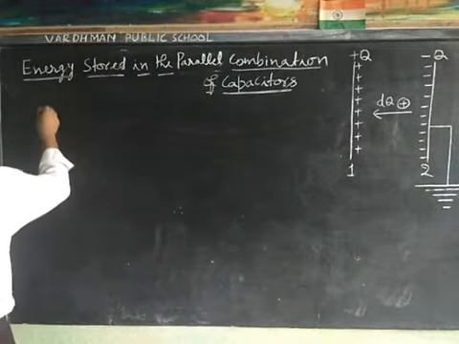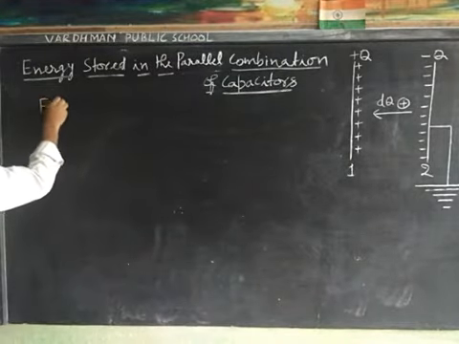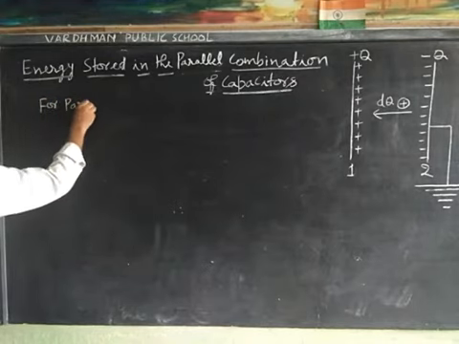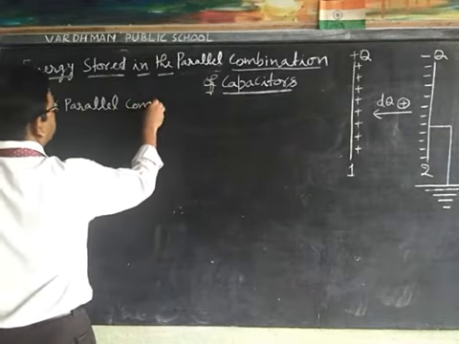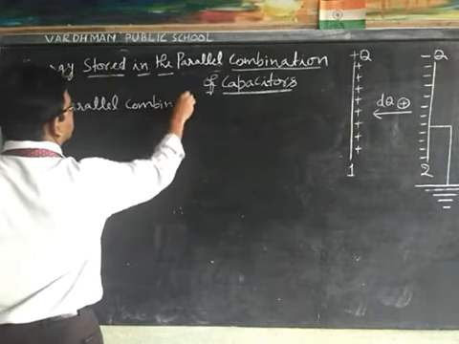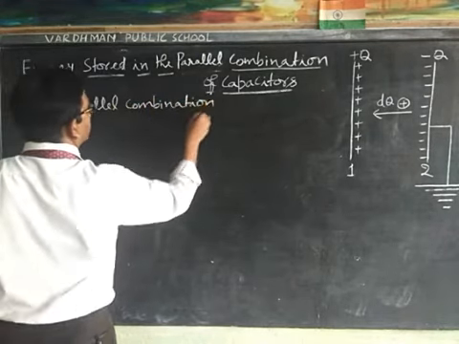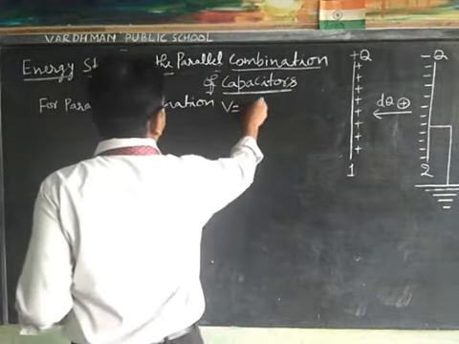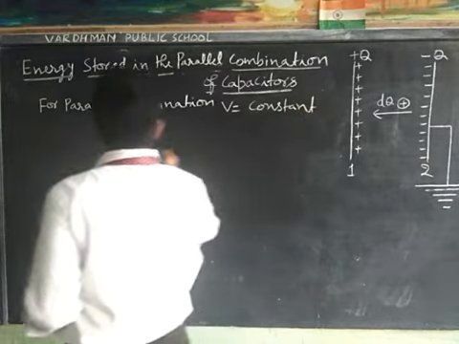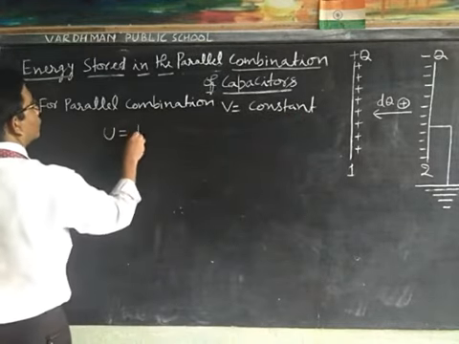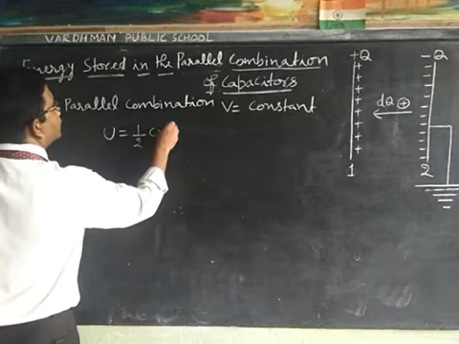For parallel combination, V is equal to constant, and we know U is equal to half CV squared.